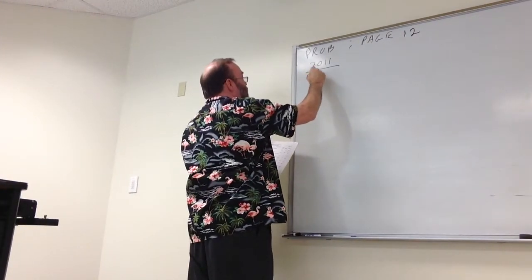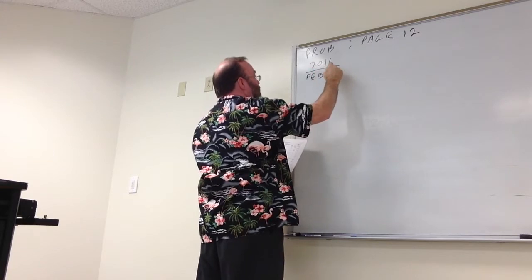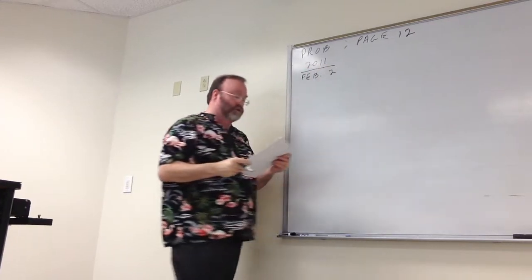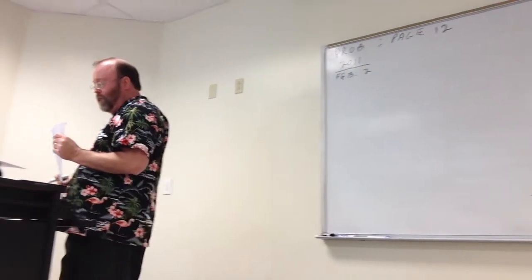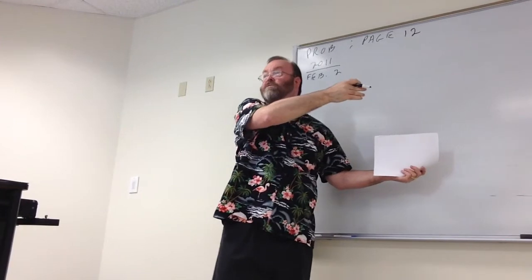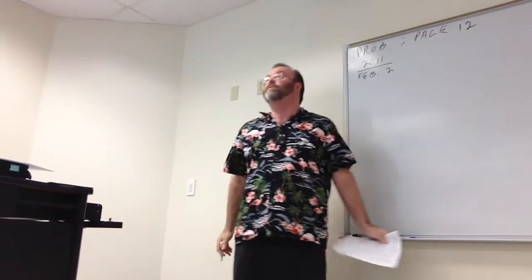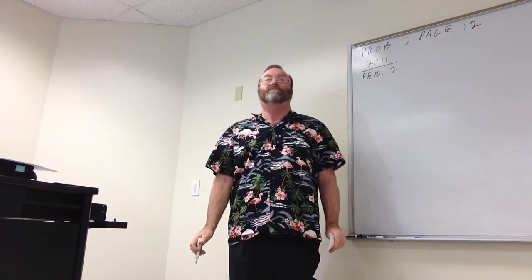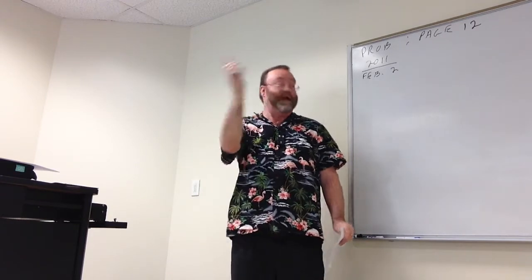February, and then 2nd is the first transaction. We paid the month's rent, $270. So we've already done that in T accounts. So what was the debit? Rent expense.